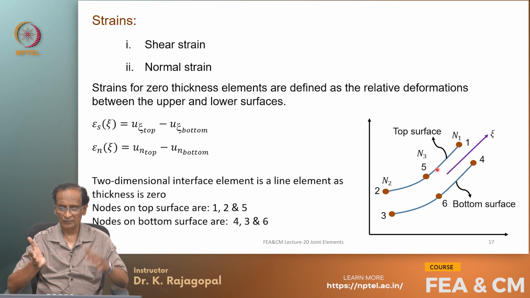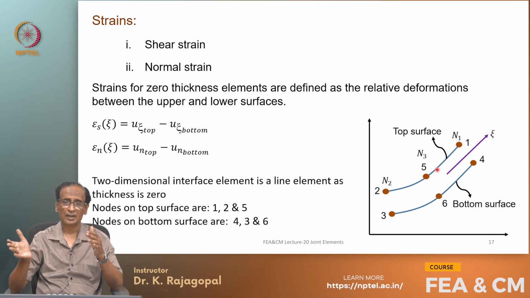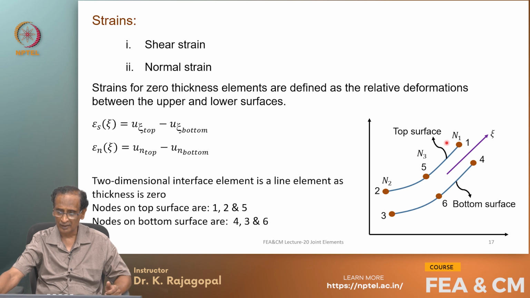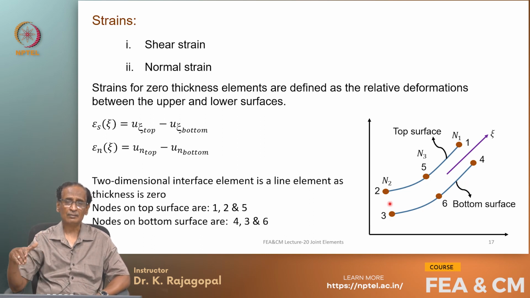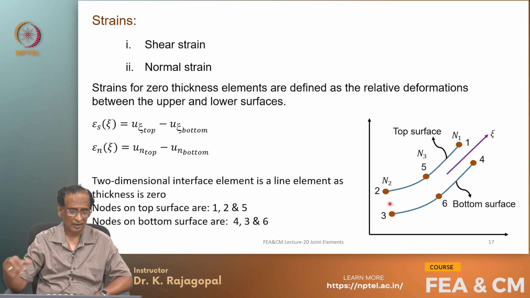Although I am showing it with a separation, in reality the coordinates of 1 and 4 are the same, 5 and 6 are the same, and 2 and 3 are the same. So basically it is a line element, but then we have some normal direction.